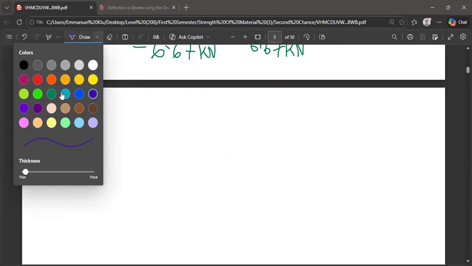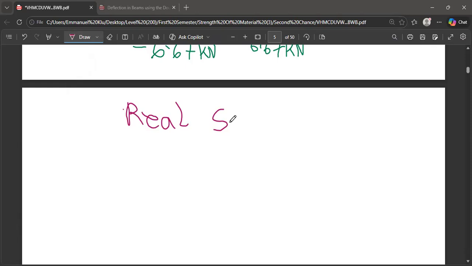Let me write over here, real system. Since we said the virtual work method is composed of two parts, that is the real work is equal to the virtual work, we want to consider the real work first, and then we are going to know the forces at the joints.